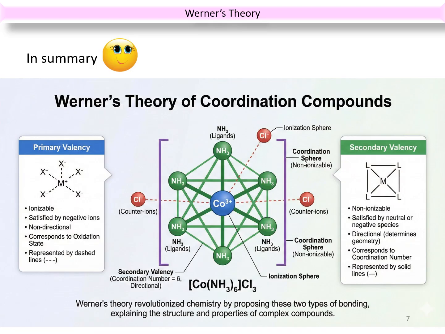The secondary valence is attributed to the ligands coordinating with the metal within the coordination sphere, which leads to the coordination number.